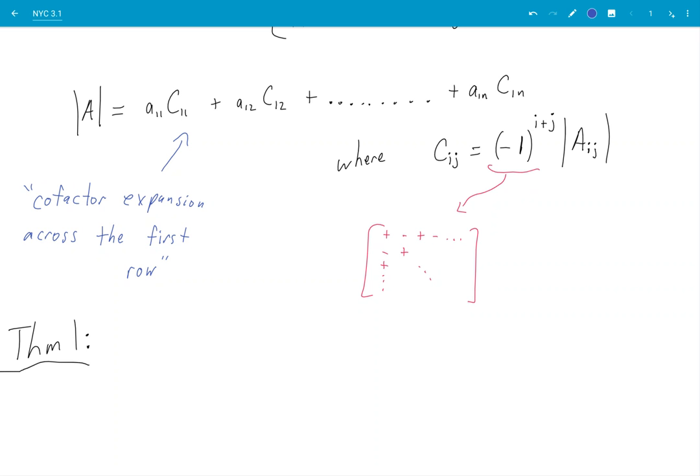And the word cofactor is coming from, where should I put this?